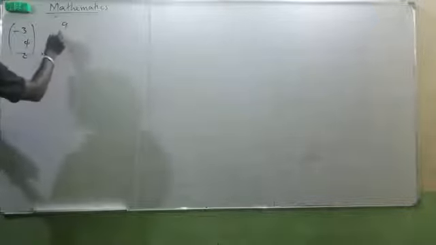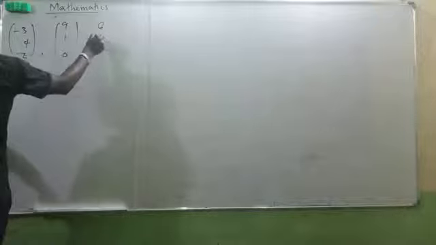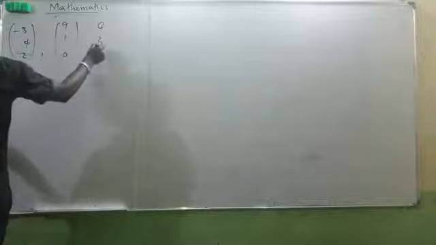Look at this particular problem. When you hear the word span, it means a generator. You will use something to generate something, and that is called span. For instance, look at this: I have -3, 4, 2, and I have 9, 1, 0, and 6, 2, 2.